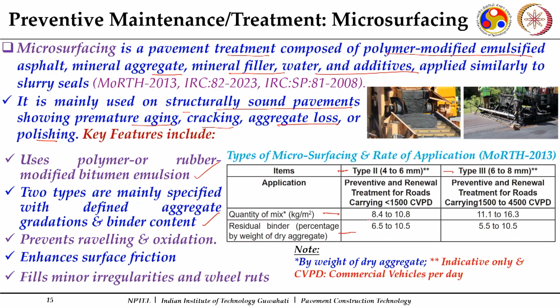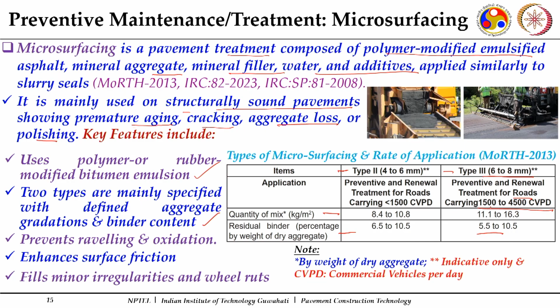This is as per the MORTH 2013 specifications, where the requirements of the different components, the aggregates and the binder, and the residual binder are given. It also mentions that the 6 to 8 mm type is good for roads carrying commercial vehicles, which usually have a laden weight of more than 3 tons.